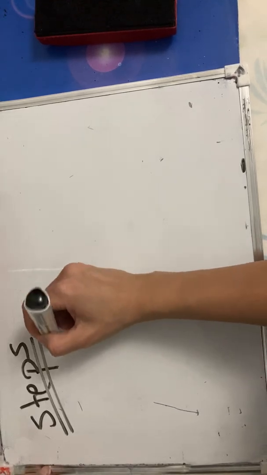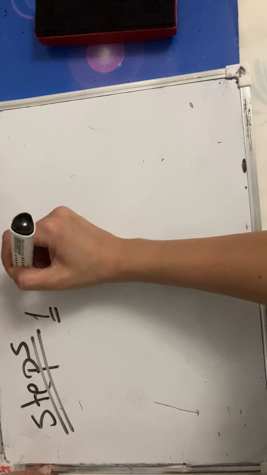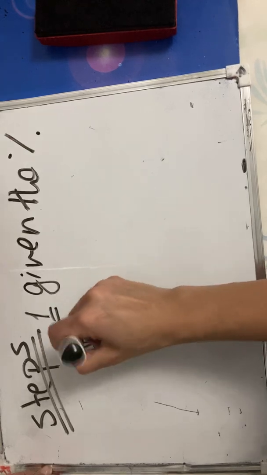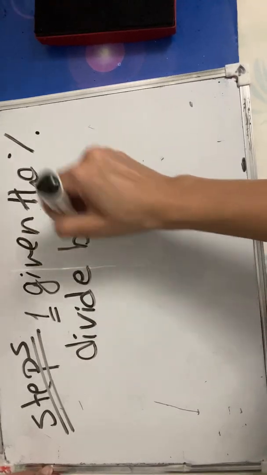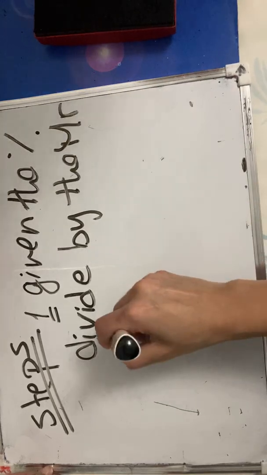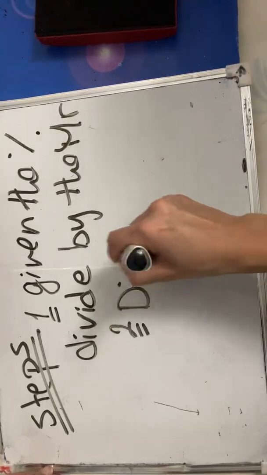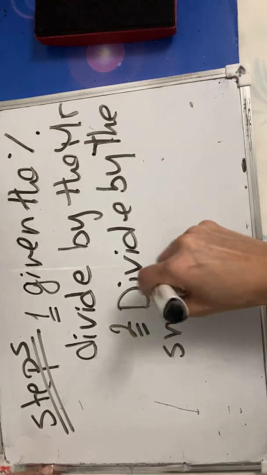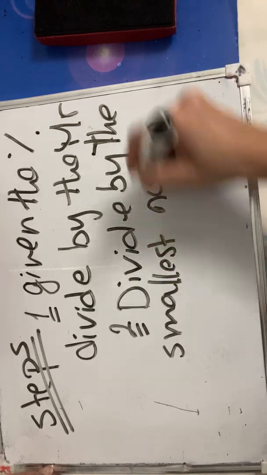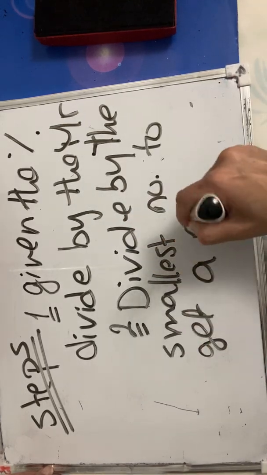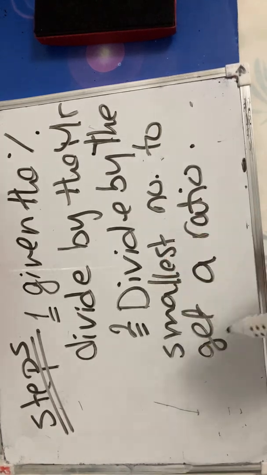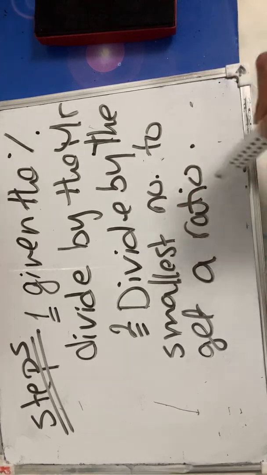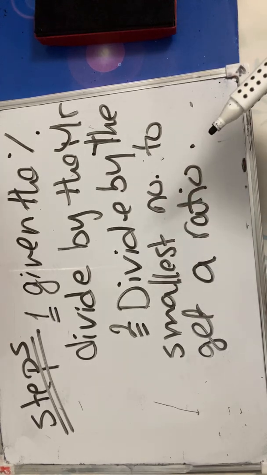The steps are: step number 1, given the percentage, divide by the MR. Number 2, divide by the smallest number to get a ratio. Okay, these are the steps. Divide by the MR and then divide by the smallest number. We know that in order to get the ratio of anything, we divide by the smallest number.